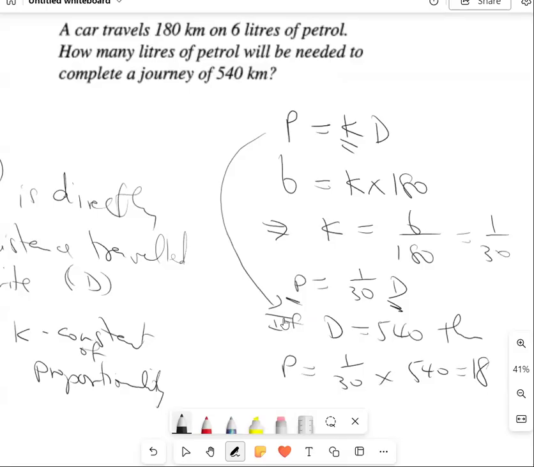So you see, this is a strictly algebraic approach where you come up with a relationship. Remember we did relations, functions, and graphs? So we come up with a relationship between P, the amount of petrol, and the distance traveled, based on the information given.